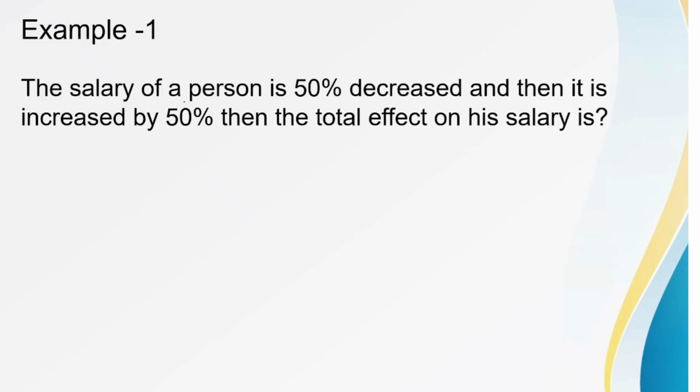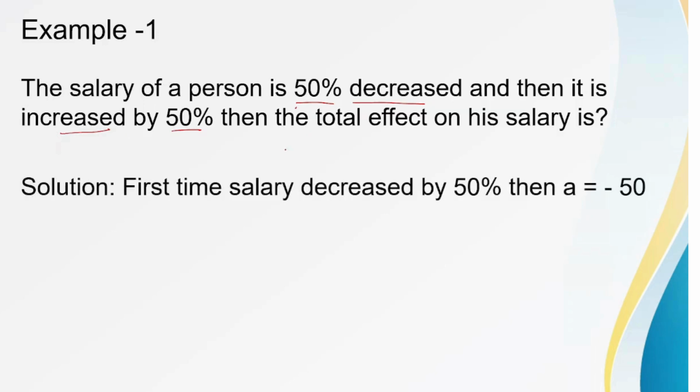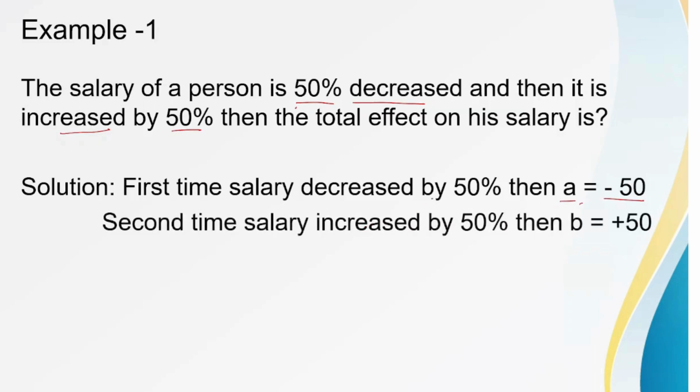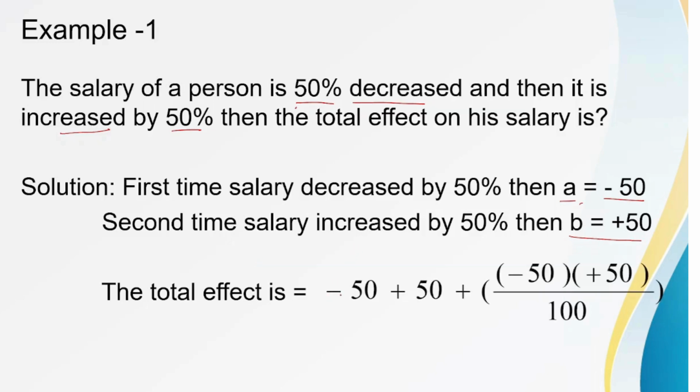If a person's salary is decreased by 50% the first time and increased by 50% after that, then the total effect is? The first A value here is minus 50 because it is decreased, and the second change is an increase, so the B value is plus 50. Now the total effect is minus 50 plus 50 plus minus 50 into plus 50 by 100.